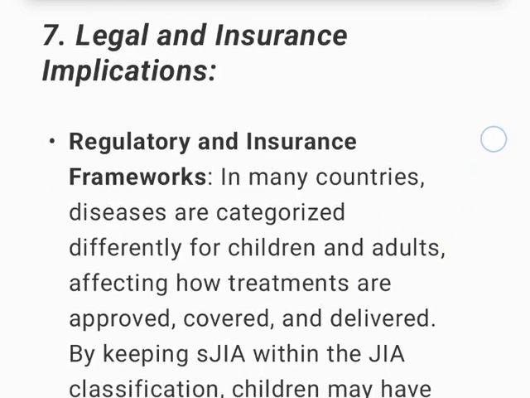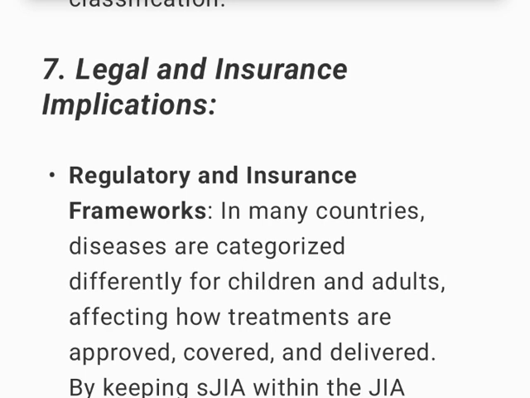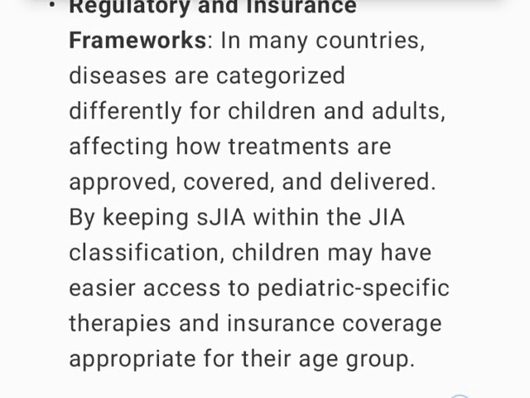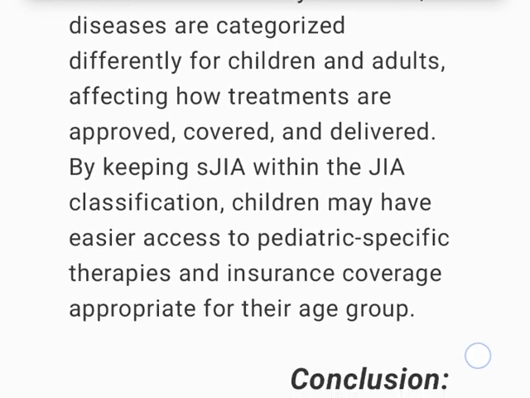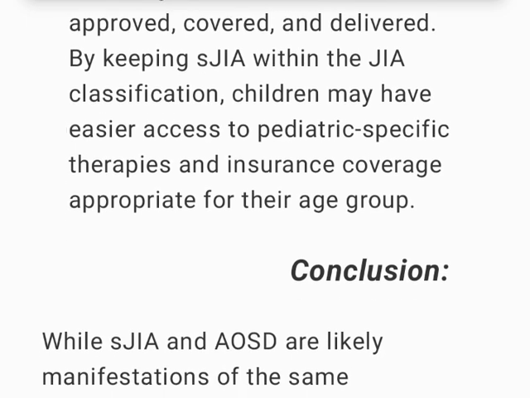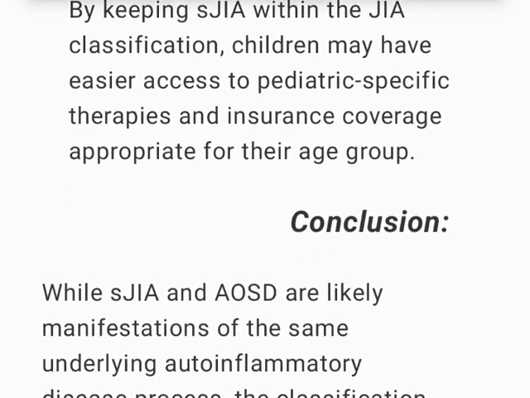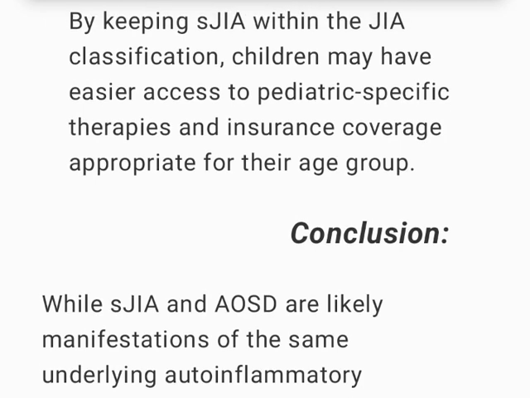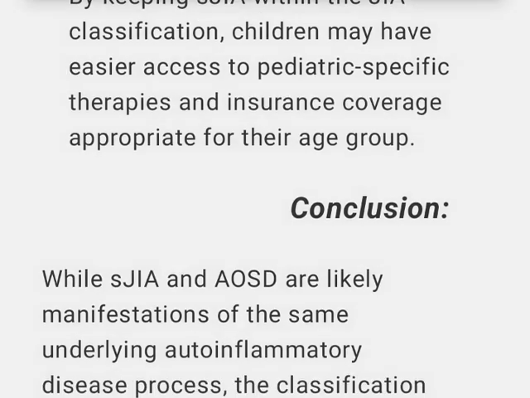Legal and insurance implications. Regulatory and insurance frameworks. In many countries, diseases are categorized differently for children and adults, affecting how treatments are approved, covered, and delivered. By keeping SJIA within the JIA classification, children may have easier access to pediatric-specific therapies and insurance coverage appropriate for their age group.